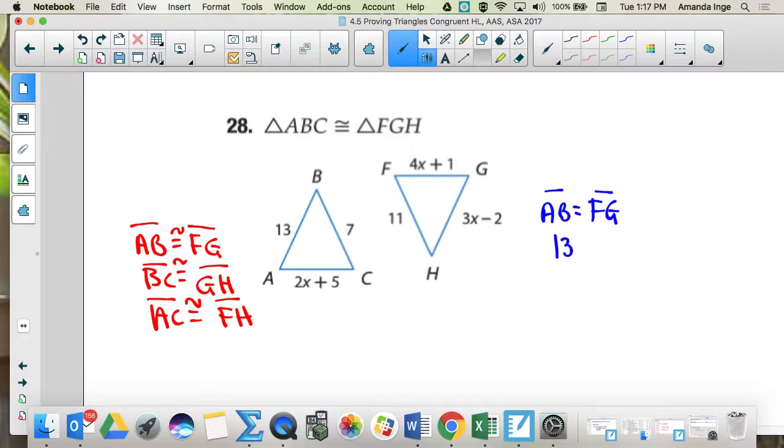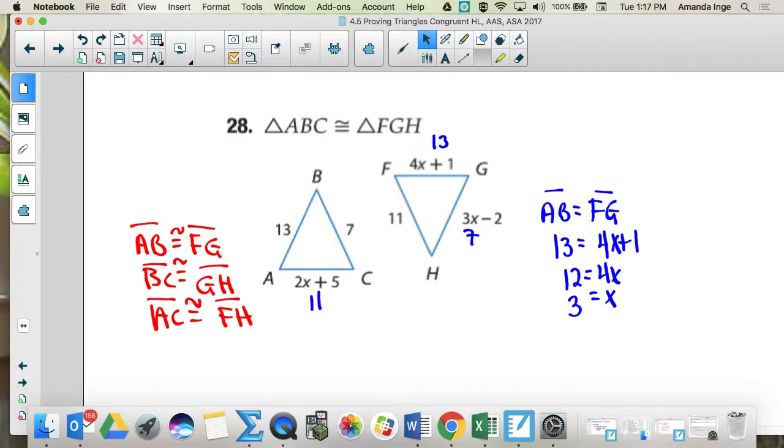So 13 is equal to FG, which is 4x plus 1. So I get 12 is equal to 4x, so x was equal to 3. Now because these are all x's, if you wanted to find the rest, you would just plug them in. So if you plugged in 3, this is 13. This gives you 9 minus 2, or 7. And of course, if you plugged in 3 here, you get 11.